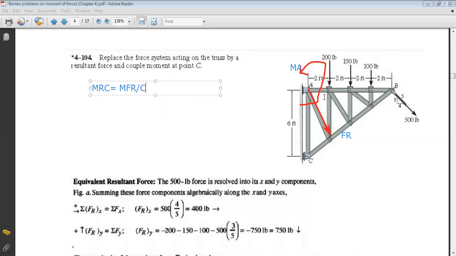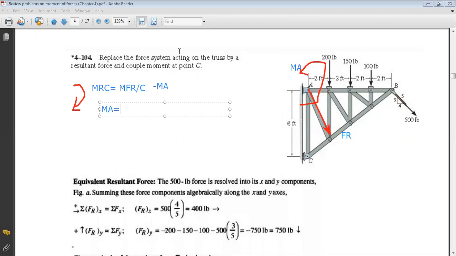But since I choose the counterclockwise as direction for MA, and here my direction in the equation is clockwise, so I will put minus MA. Okay, I will put minus MA, and now I can say that MA should be equal to the moment of Fr about C, which is here.